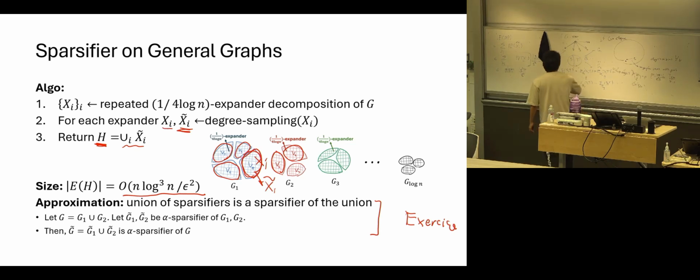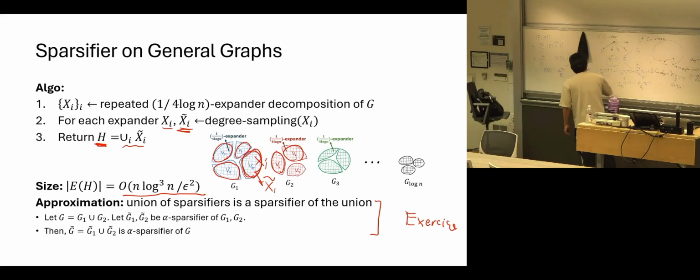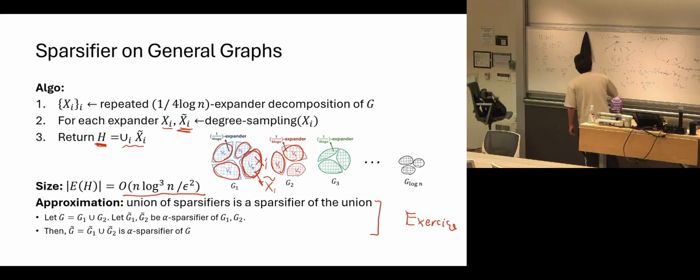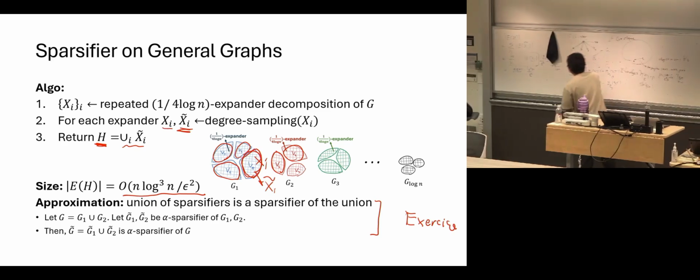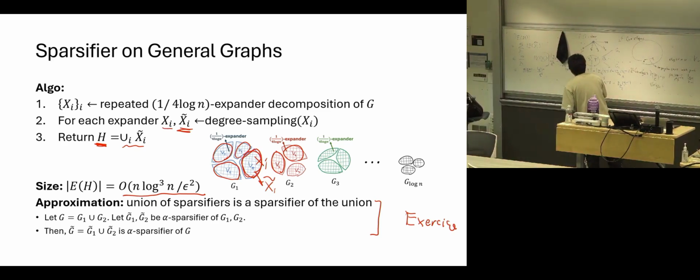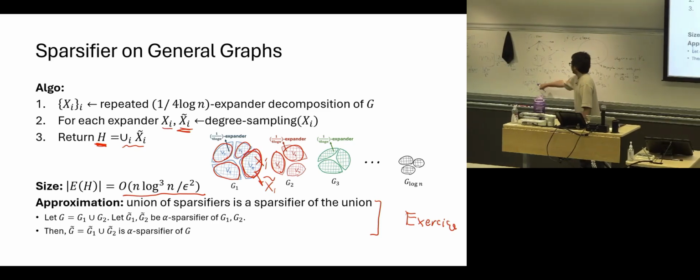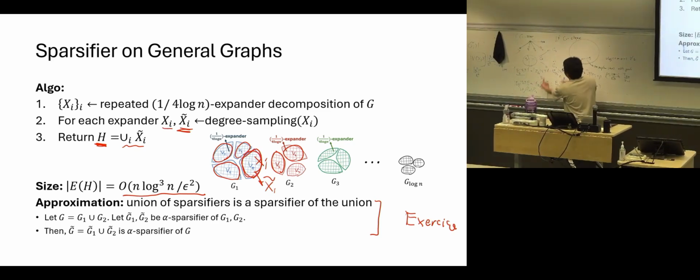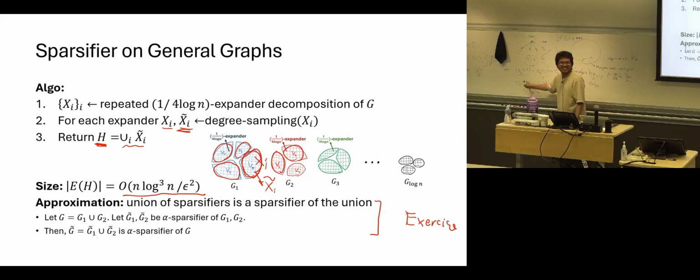G theta is just the union of G1 theta and G2 theta. If both of these are close, then the sums must be close to each other too.